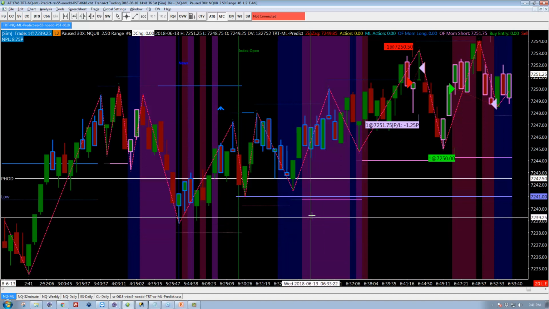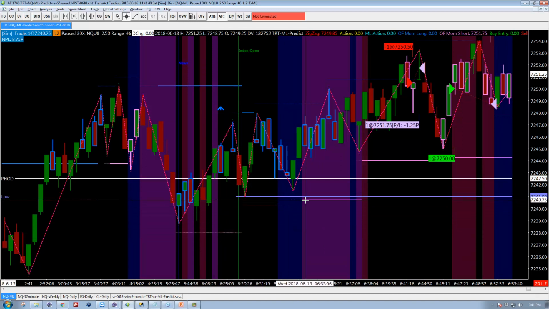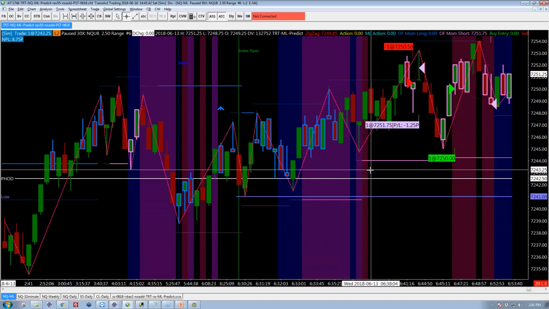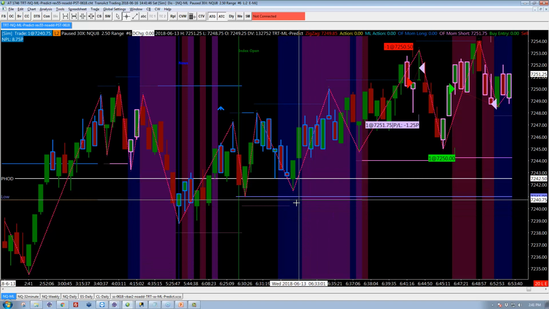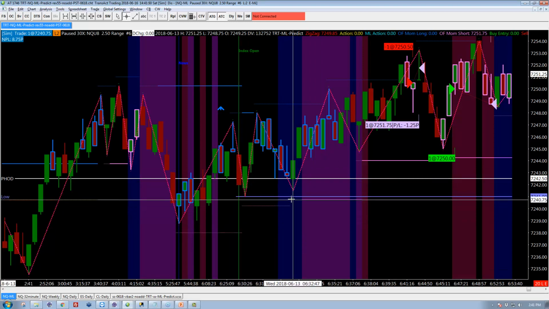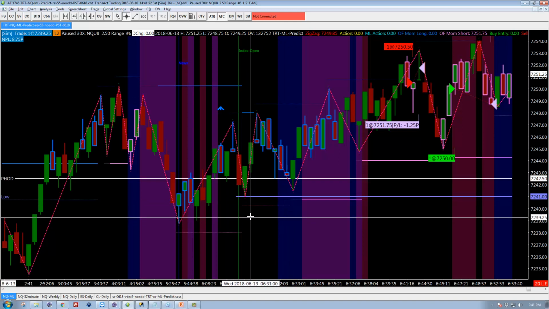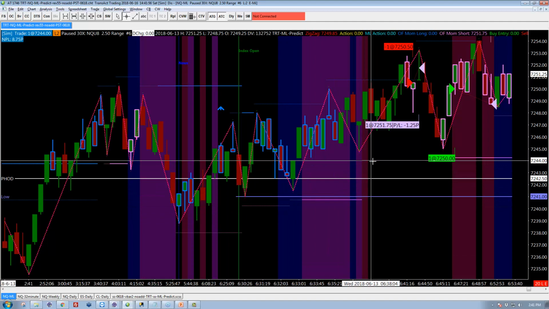So you can see these dashed lines that then go solid, okay? What they are is, there is a new study in the list that will automatically trail the stop to these pullback levels.